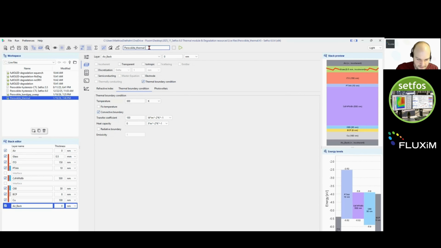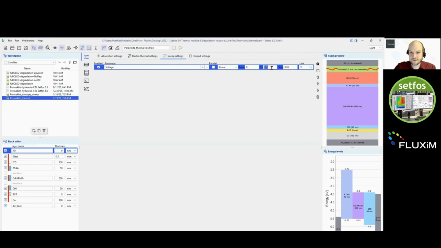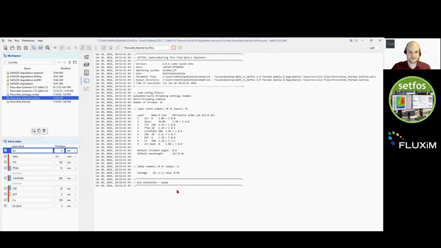So if we want to have a look at how the temperature changes if we set a parameter which represents no airflow at all on both sides, then we can run this example, and I have to put the voltage sweep to only 1.1 volt, otherwise the simulation takes some minutes, which we can't do now in the live view.